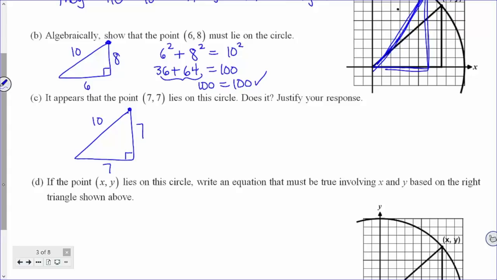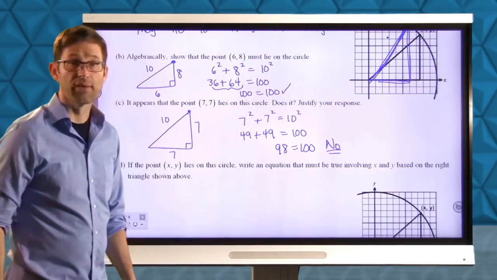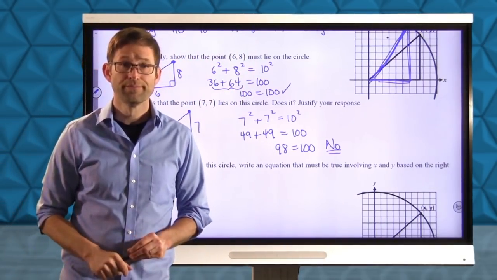Well, does that work? Is 7 squared plus 7 squared equal 10 squared? Remember, this is just simply the Pythagorean theorem. Well, then we get 49 plus 49 is equal to 100, 98 is equal to 100, and therefore the answer is no. The point 7, 7 doesn't lie on this circle.